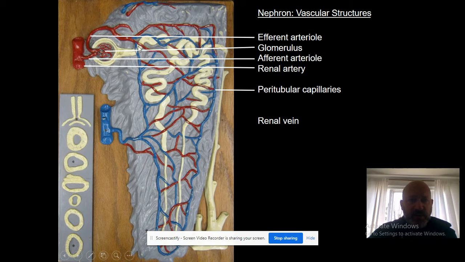So as the filtrate is going through the proximal convoluted tubules, down the descending loop of the loop of Henle, the ascending loop, and then the distal convoluted tubules, the blood is kind of going all over the place, picking up a lot of different things that it had lost back here during filtration, before the blood exits the kidneys completely filtered through the renal vein.